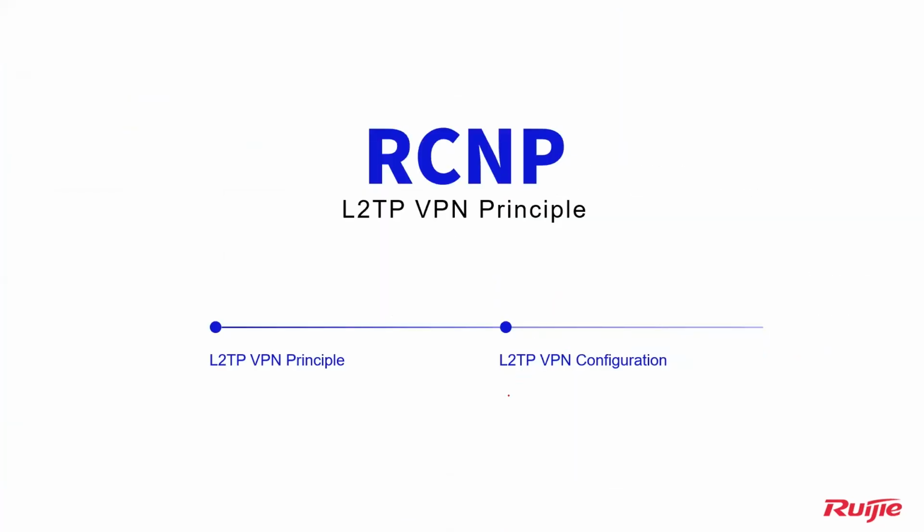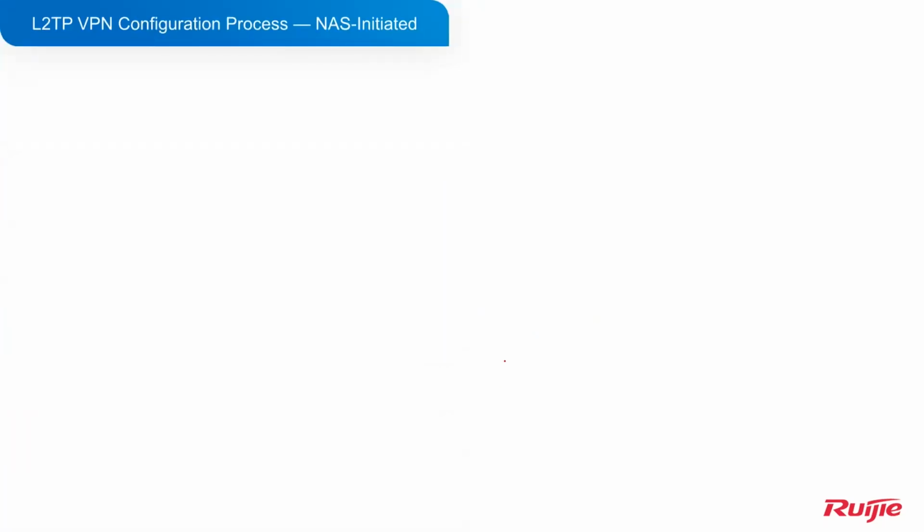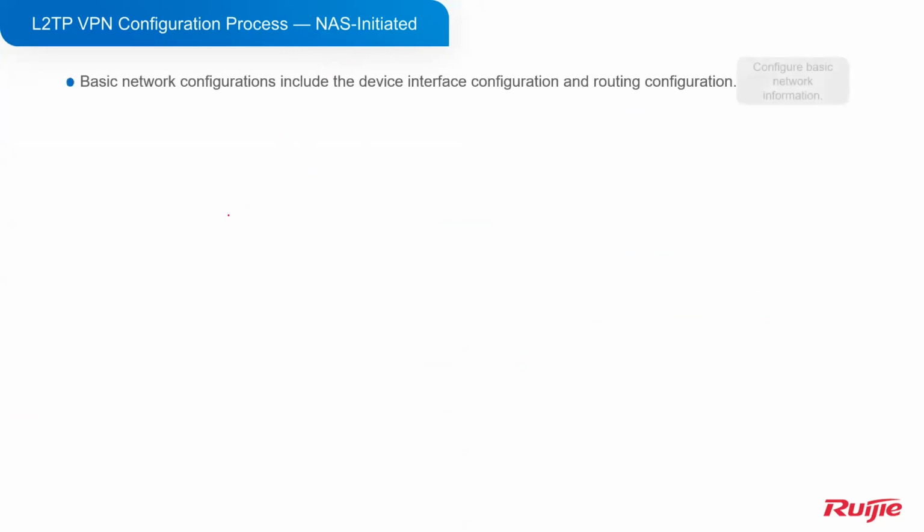And the next part is the L2TP VPN configuration. If you want to deploy L2TP, here we only explain the NAS-initiated scenario, because in another scenario you have to get a special L2TP client. In this process, you have to configure the basic network information.